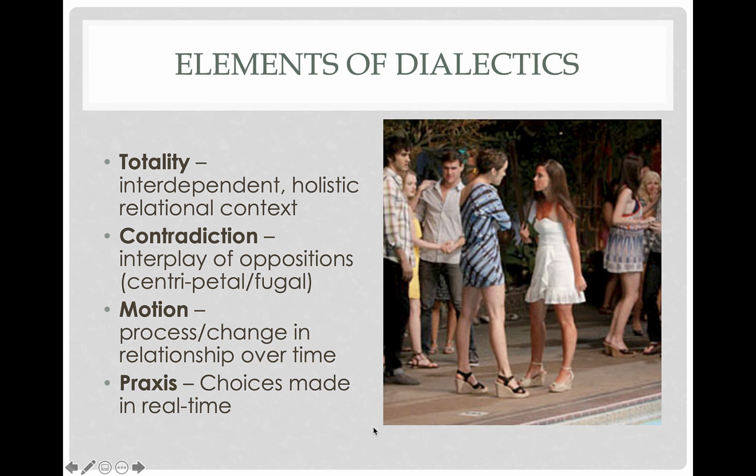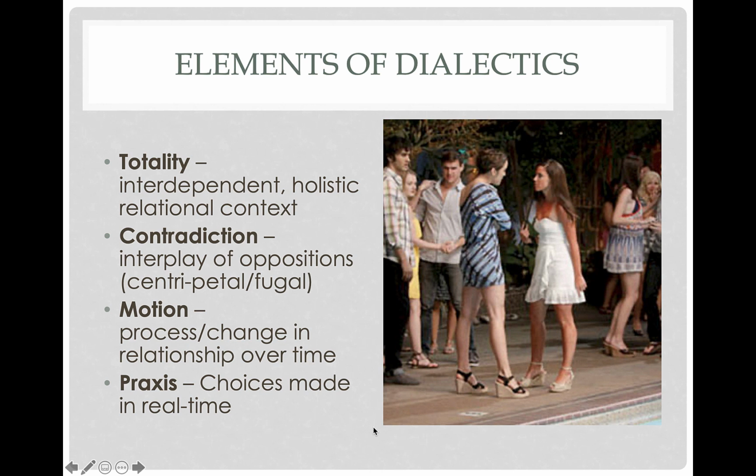And then the actual lived out. Think of this back to the coordinated management of meaning theory, and we talked about the stories lived. That's what this notion of praxis is, that you are constantly in the process of living out and making choices in real time. And so we're in those stories lived all the time. Now, I don't want to confuse you.